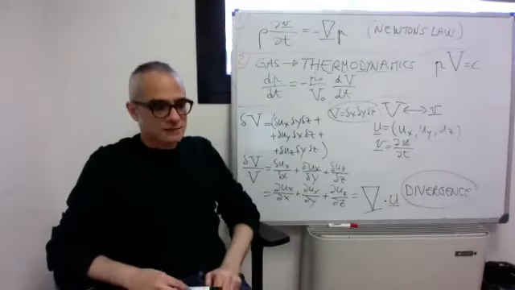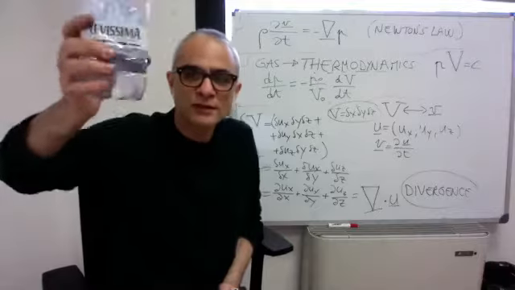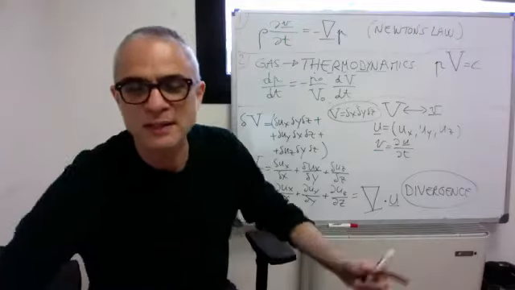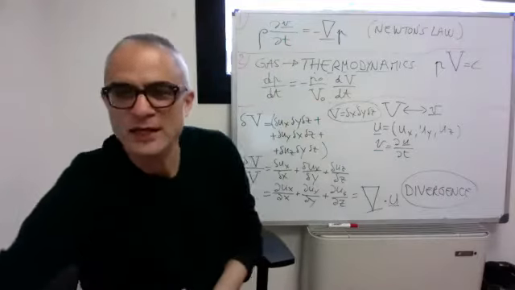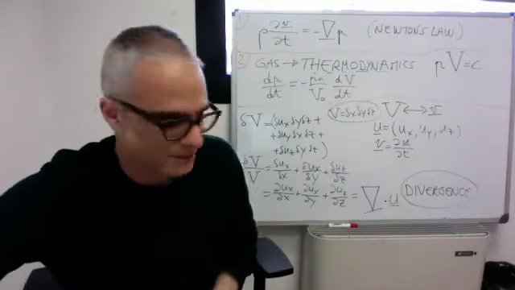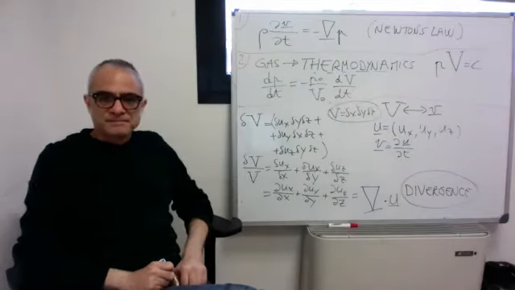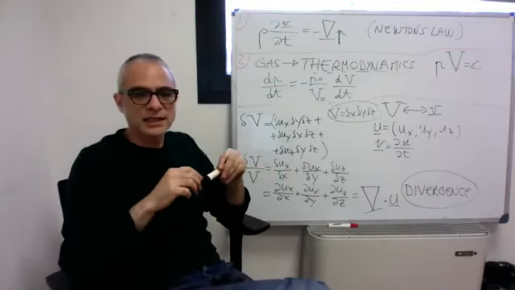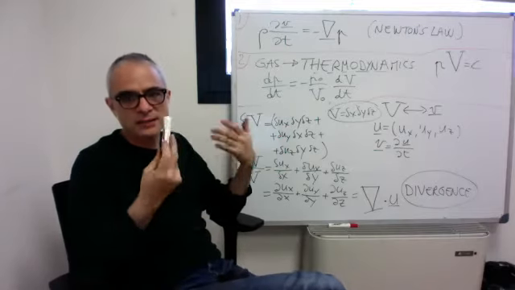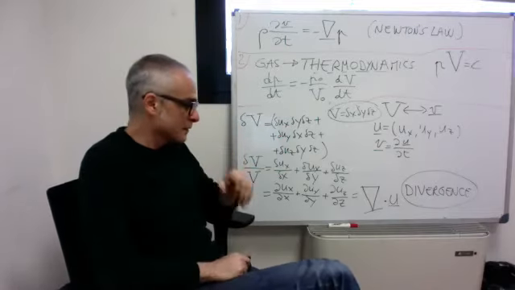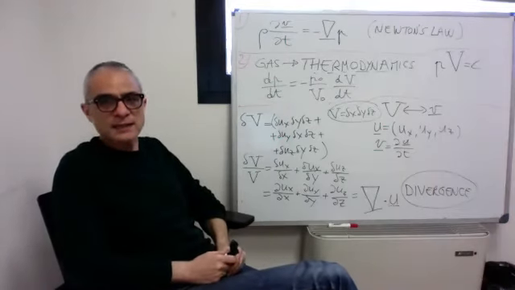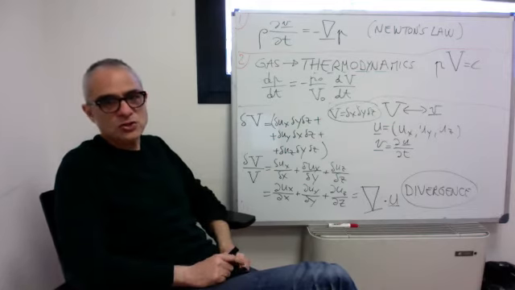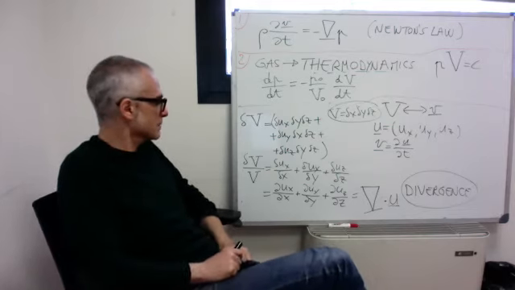The shape is not changing. But if I move water around like this, the water inside my bottle has an important divergence because all the particles will be going in different directions if I shake it like this. Okay, so if you have a translation without deformation, the divergence within the object that's being translated is zero. If you have deformation, you will typically have some divergence, and the more important deformation you have, the larger the divergence.